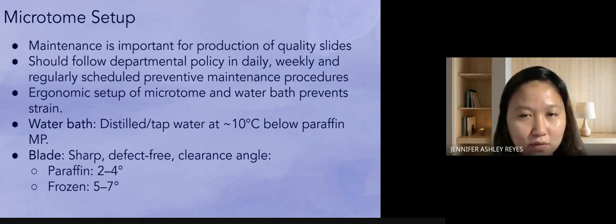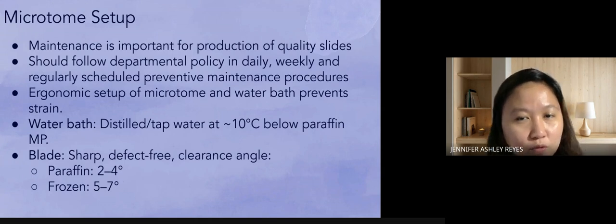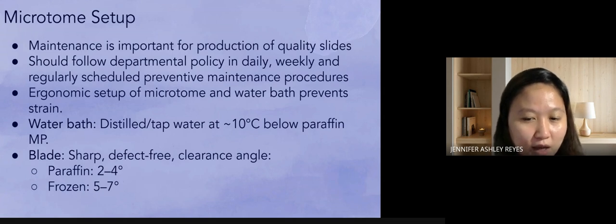It will keep the ribbons from crumpling or sticking to each other. Blade setup is critical. Dapat it's sharp and defect free, and the clearance angle should be correct, 2 to 4 degrees for paraffin blocks.